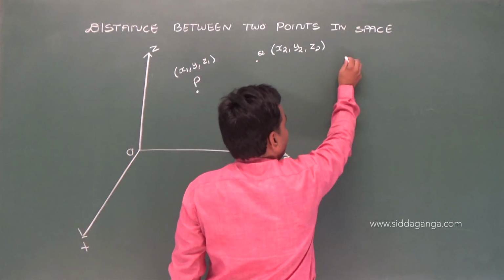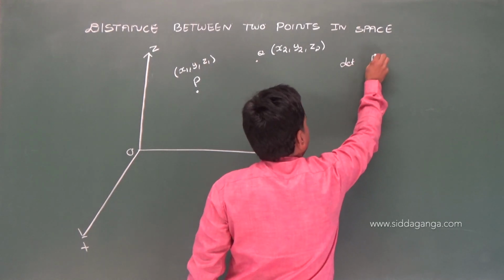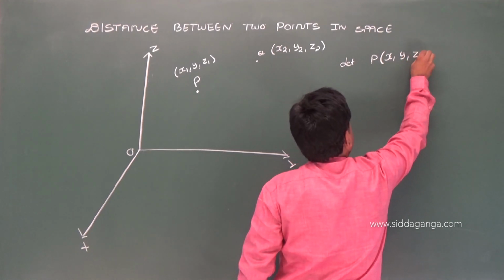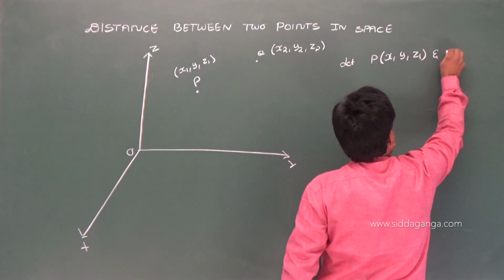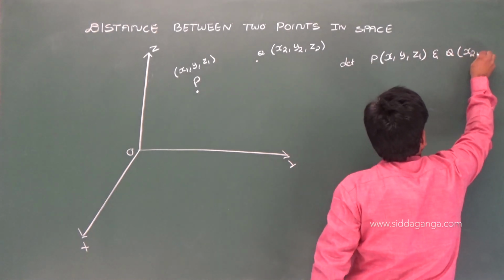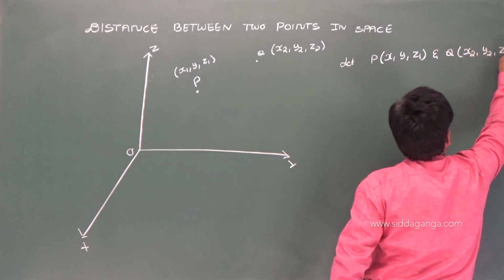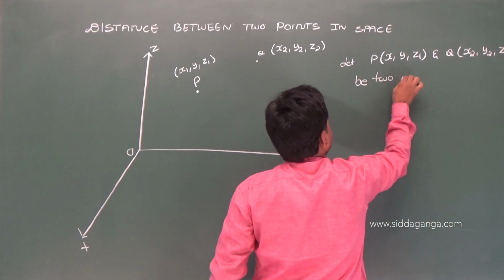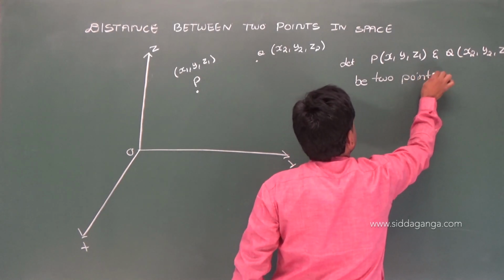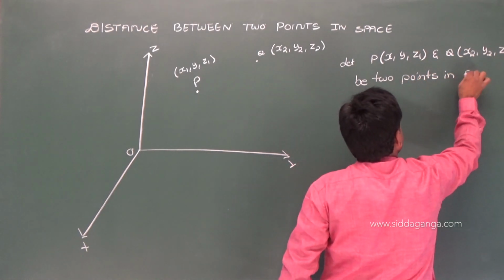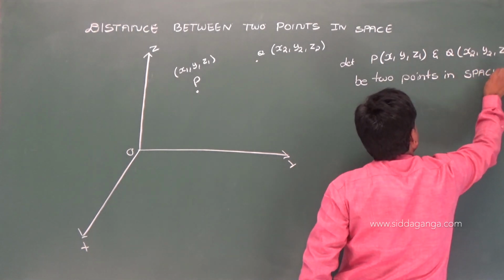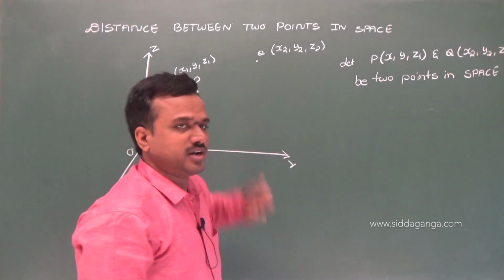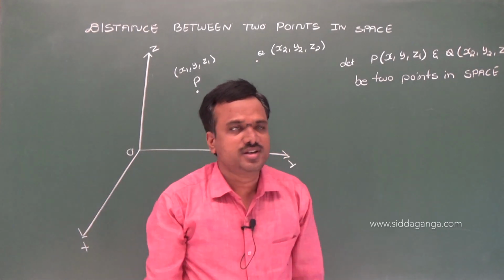So I write here, let P of x1, y1, z1 and Q of x2, y2, z2 be 2 points in space.